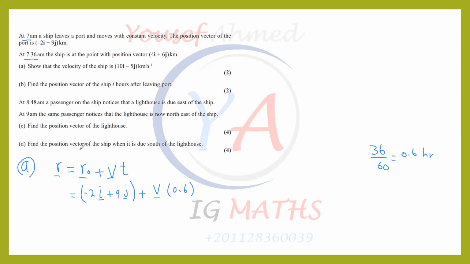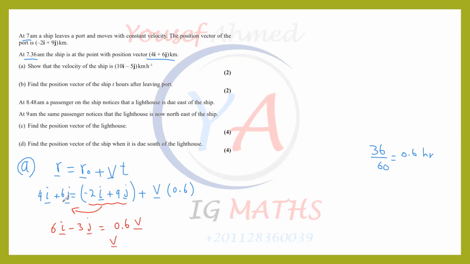It gives the final position vector, which is 4i plus 6j. So you are just working on an equation. So you will shift this to the other side with a different sign. So it will be 4 minus negative 2, it will be 6i. And then you have, this will go negative. So 6 minus 9, it will be negative 3j, is equal to 0.6v.